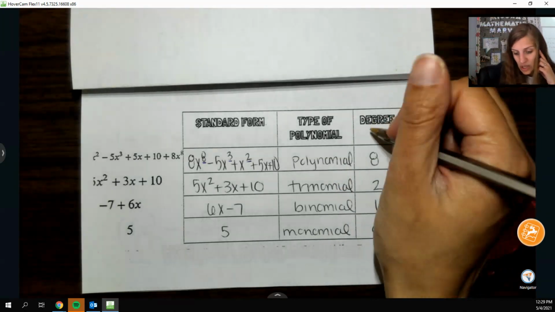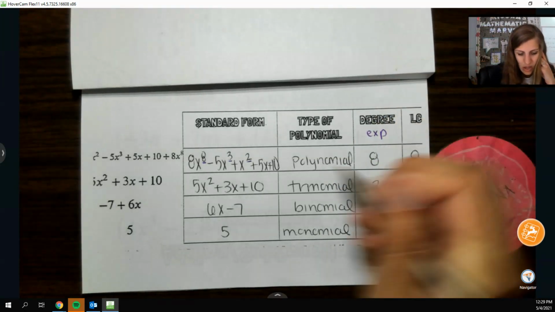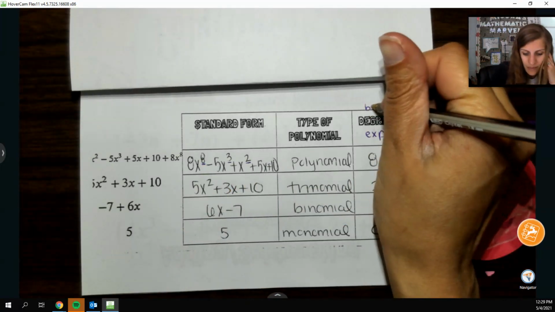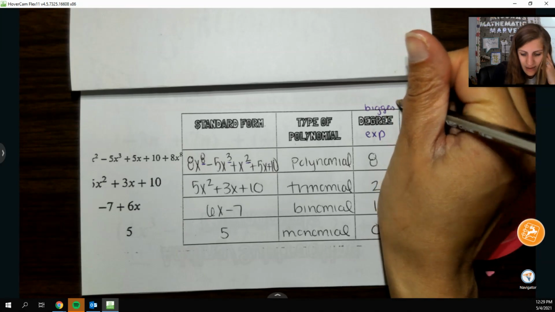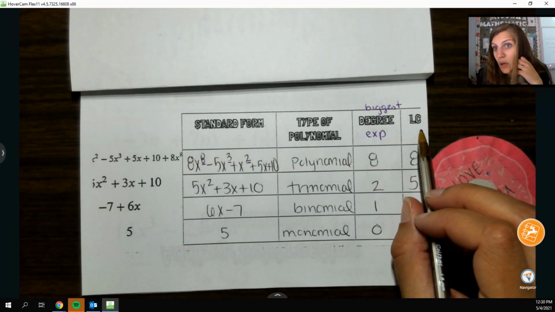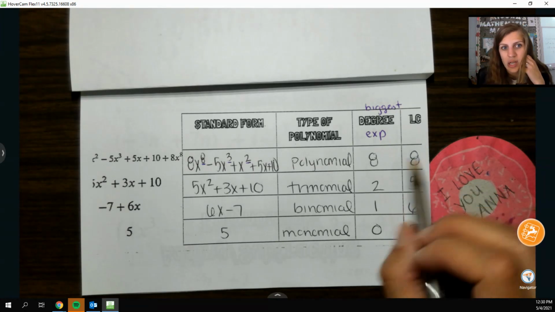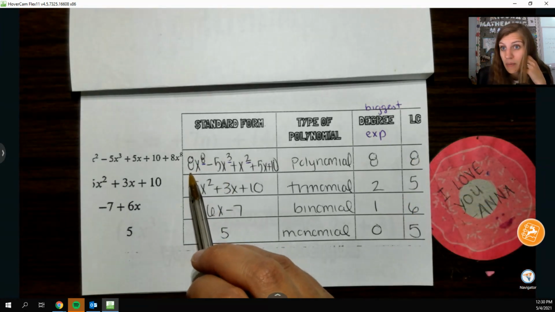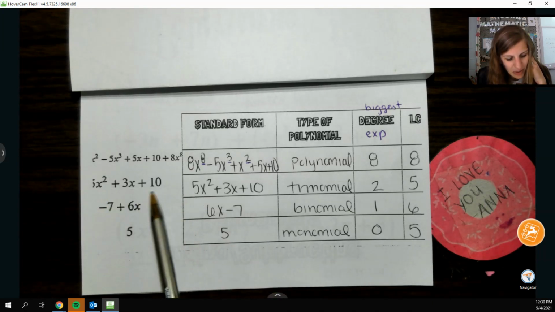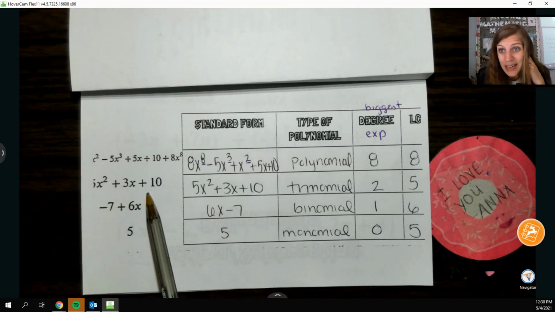The degree is really just another word for exponent. So the biggest one was 8 because our degree is always the biggest exponent. And then LC stands for leading coefficient, which is just the number on the biggest, or the number at the front. Now looking at the second example here, this one was already in standard form.